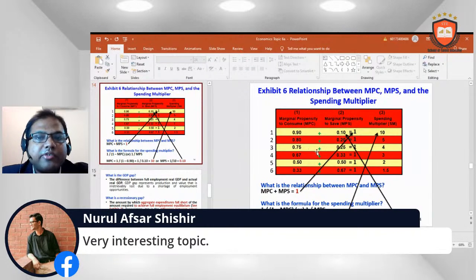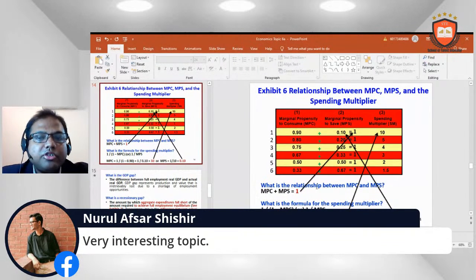Third, 0.75 plus 0.25 equals 1, it will be 4. Fourth, 0.67 plus 0.33 equals 1, it will be 3. Fifth, 0.50 plus 0.50 equals 1, it will be 2. And the sixth, MPC will be 0.33 plus marginal propensity to save 0.67, the result will be 1, and the spending multiplier will be 1.5.